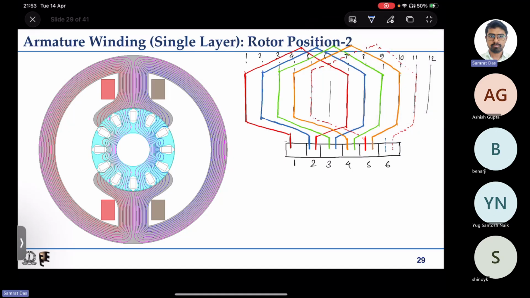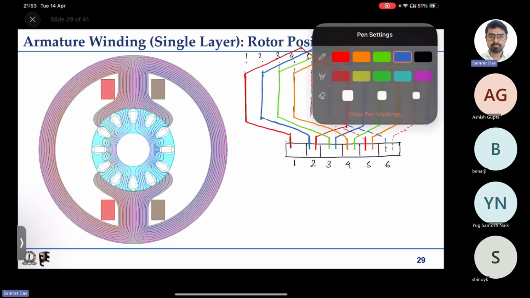Then we have the next one. This is the one that will go to slot number 6, and the other side will be slot number 12, and it will come back and get shorted to segment number 1, because it's a circular one.